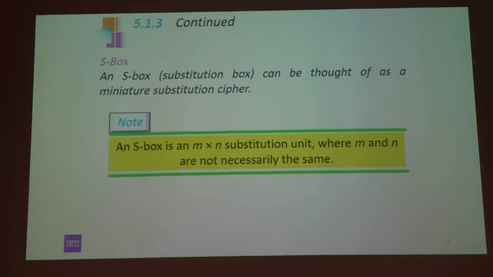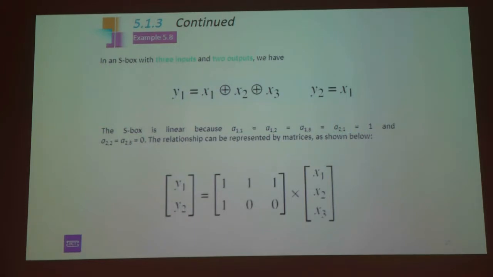So for example, in here you have 3 inputs and 2 outputs. The inputs are the x's, and you have 2 outputs. So there is a process, and you substitute the value through a process.